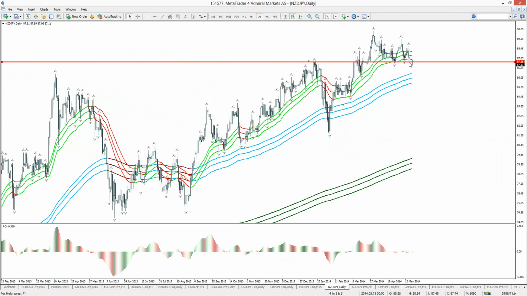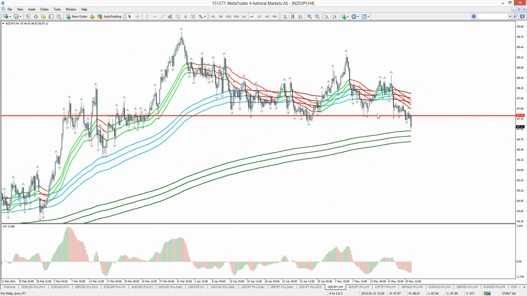Also, we're breaking through these support levels here, through the support fractal, in fact. So in that regard, that is looking a bit more bearish, just like the euro yen.